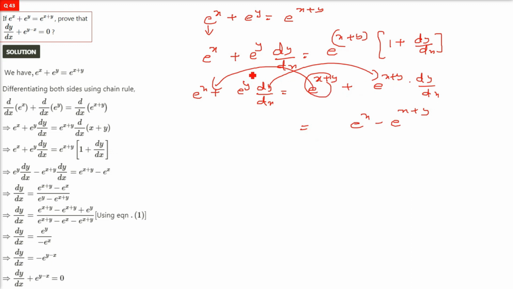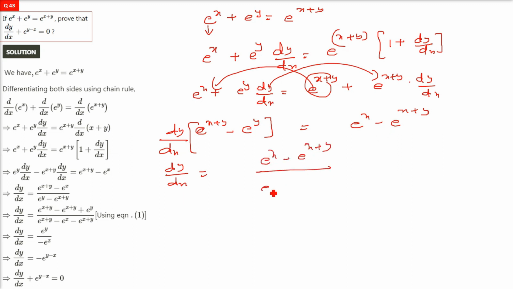And on the left hand side, what you can do? dy by dx you can take common. And then we have e to the power x plus y minus e to the power y. So whatever is with dy by dx will go in the denominator. So e raise x minus e raise x plus y divided by e raise y minus e raise x plus y.